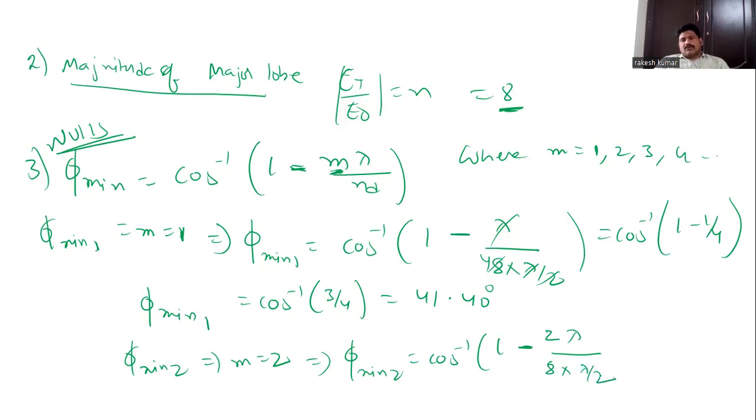Lambda will get cancelled. It is cos inverse of 1 by 2. So phi minimum 2 is equal to plus or minus 60 degrees.